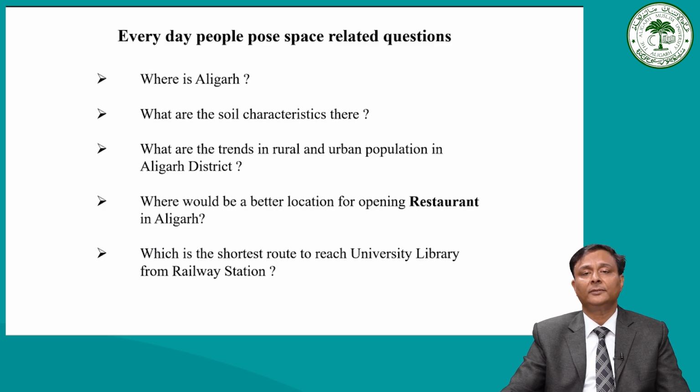Space is integral to human life over the earth's surface, and I want to draw your attention to some everyday basic queries which we commonly deal with, but which definitely have spatial orientation. Like, where is Aligarh? This is basic, but space has great relevance here.